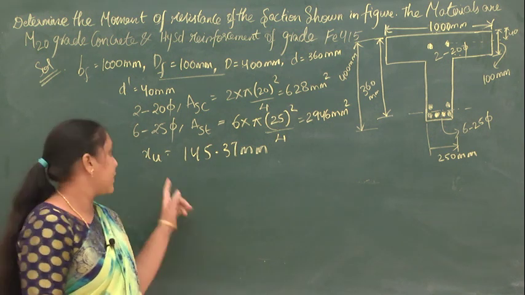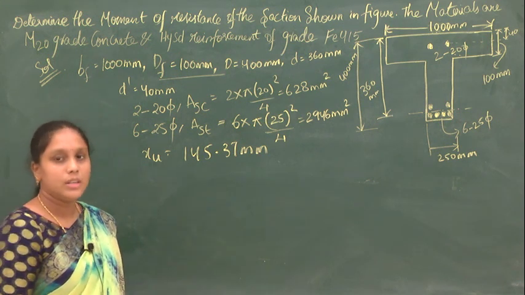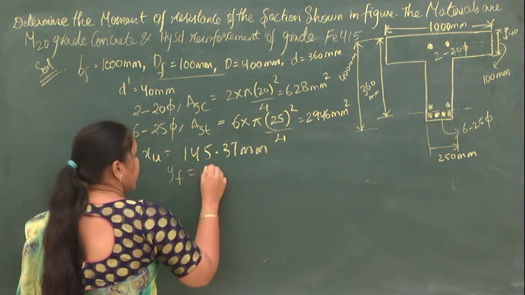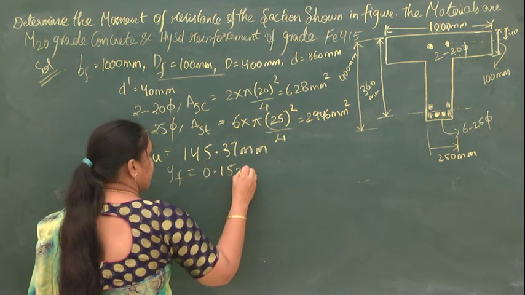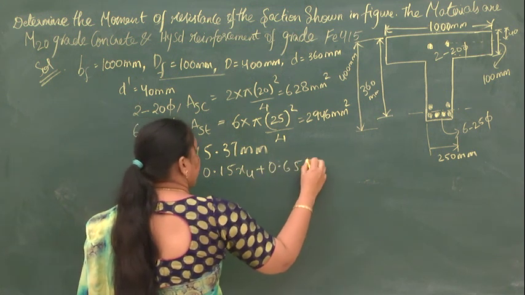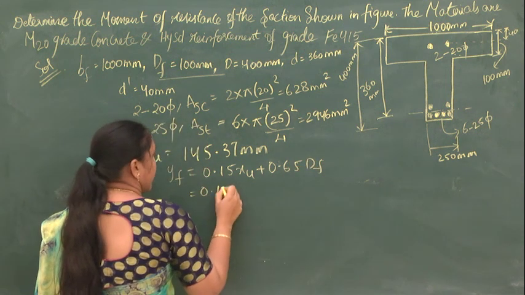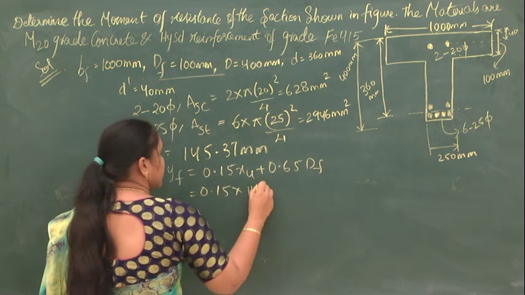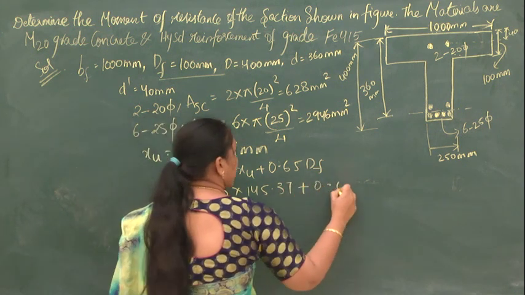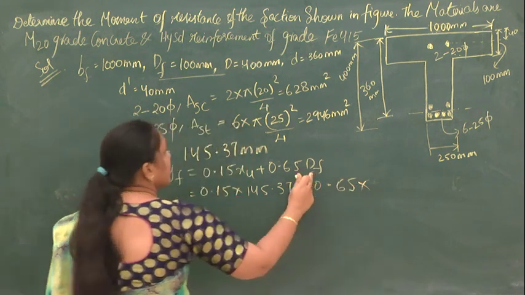So what is the value of XU? What we have got here? It is 145.37 mm. So now let us calculate the YF. So YF is 0.15 XU plus 0.65 into DF. So it is 0.15 into XU. What is the value of XU? It is 145.37 plus 0.65 into DF. What is DF?